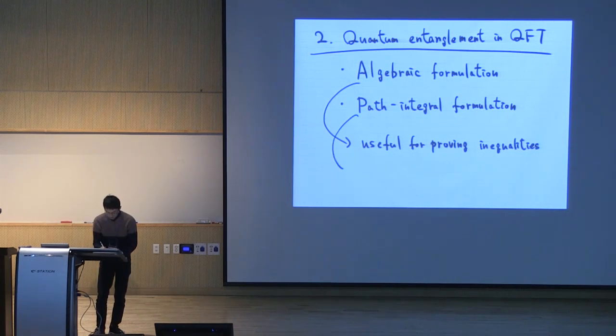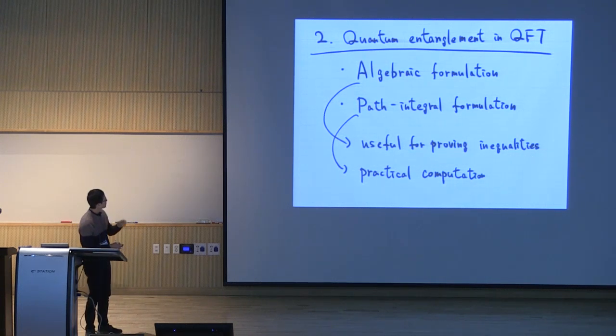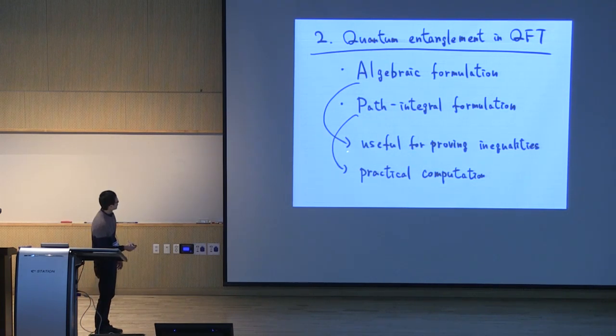On the other hand, path integral is highly useful in practical computation. So in this sense, you should probably be familiar with both formulations. Basically, what people are doing is drawing some implications from the algebraic formulation of entanglement, and using the path integral formulation to obtain non-trivial results.